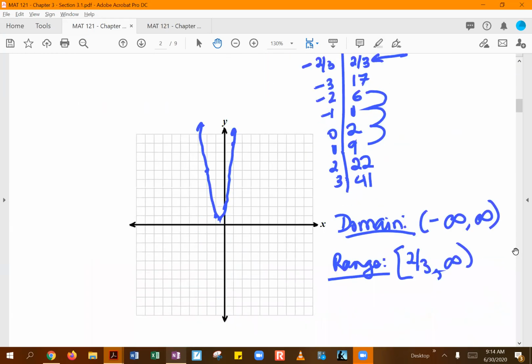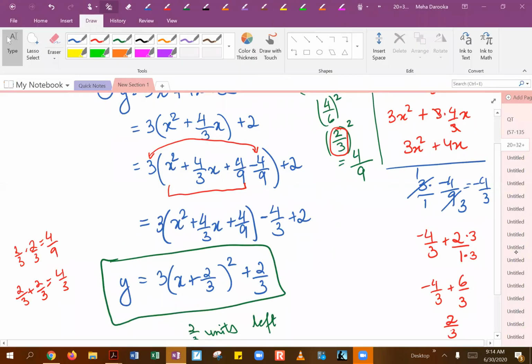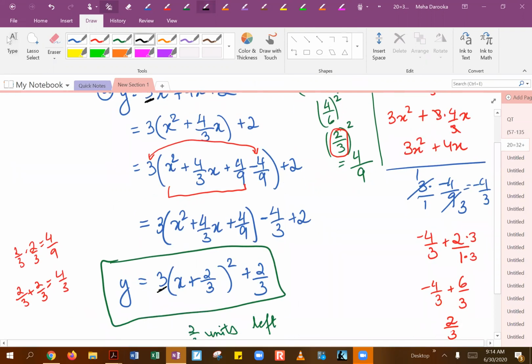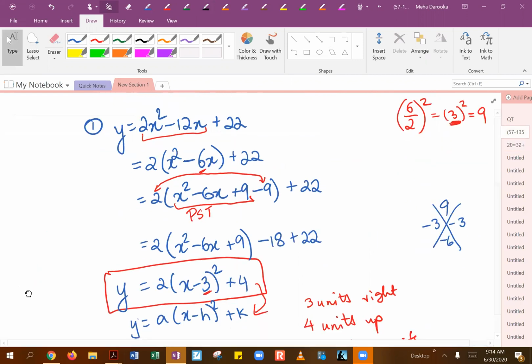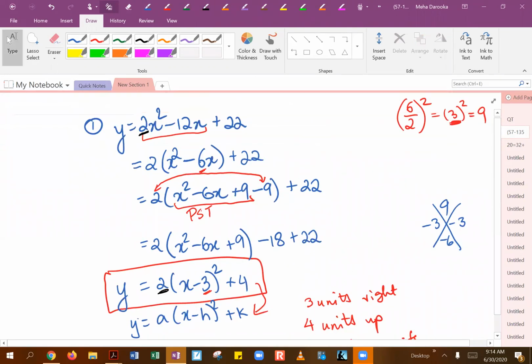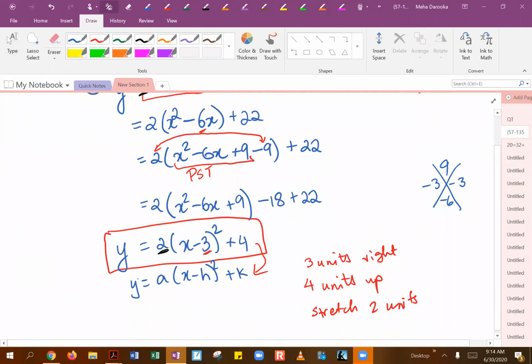If you look at the two examples we have done so far, you will notice that this number 3, which is our a value, is the same number 3 over here in our transformation. For that matter, look at this first example. This number 2 is the same number 2 you had here.